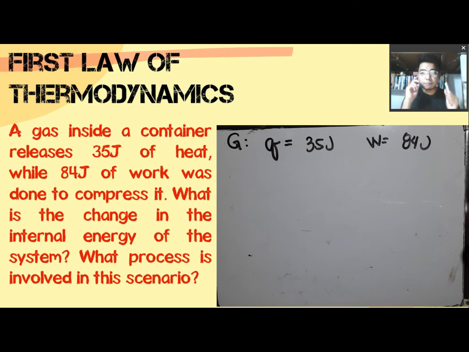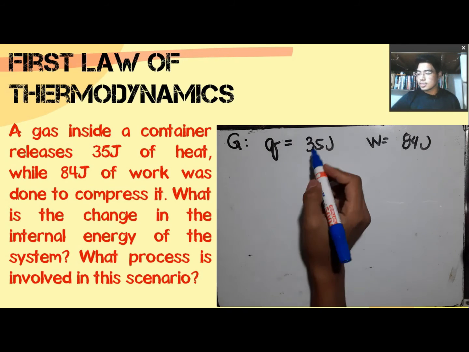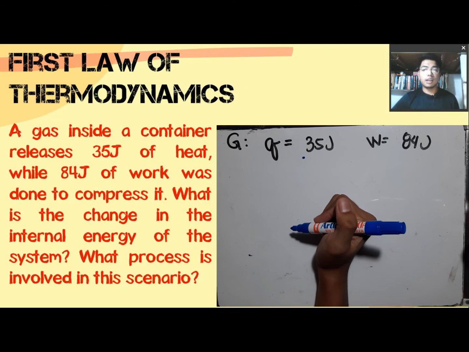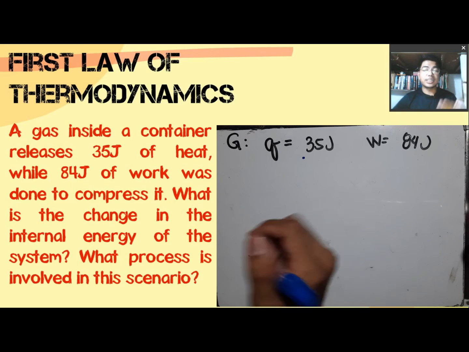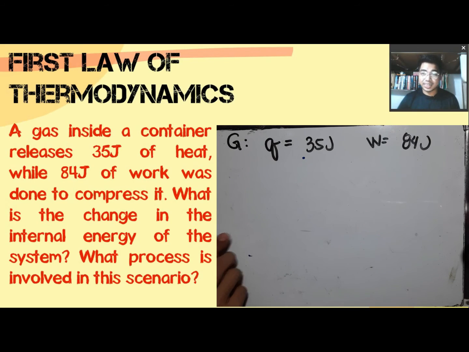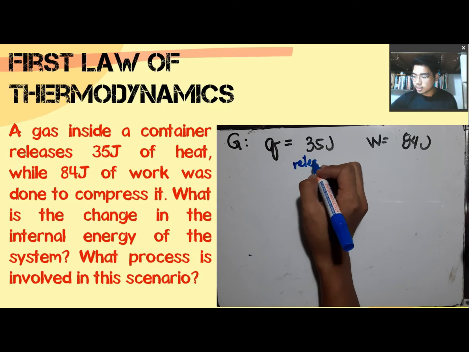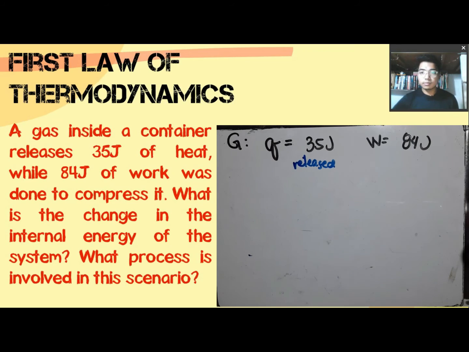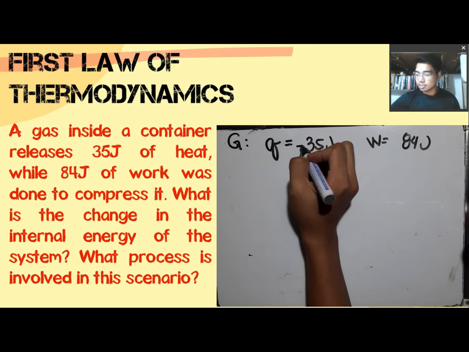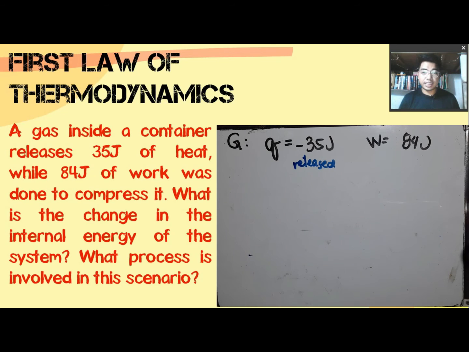So, if there is the presence of the keyword release, what will now be the sign of the heat in this problem? It is negative. Once again, why is it negative? Because heat is released.